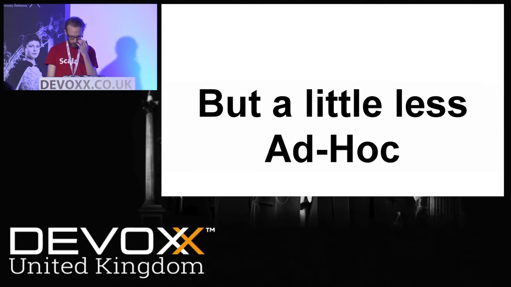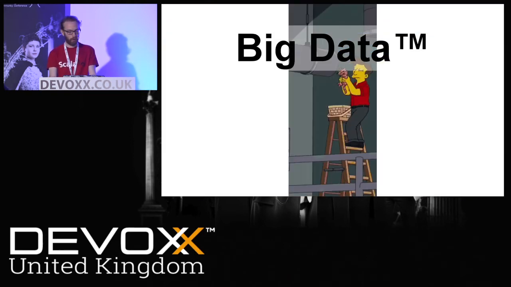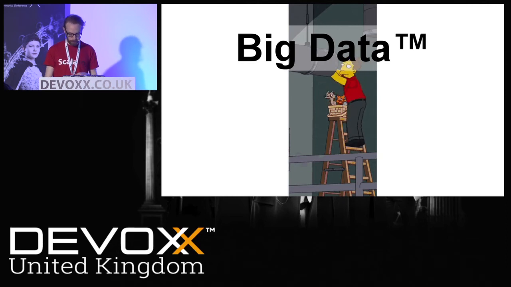We'll start with a simple example, which is called a monoid. And you should be interested in monoids if you're interested in big data. Basically, monoids allow you to distribute computation over several nodes, and know that the end result will be the same whichever way you distribute it.